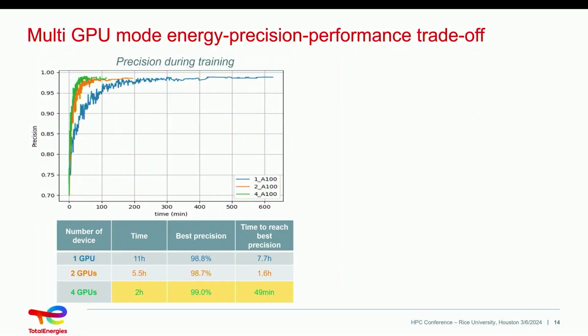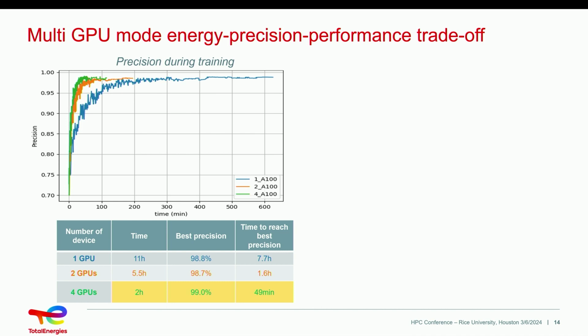Again, I made a table, which is, I think, easier to understand. There is the time to train, the best precision, and the time to reach the best precision. As you can see, from 1 GPU to 4 GPUs, we divided the training time by more than 5 times, without any degradation in terms of precision.